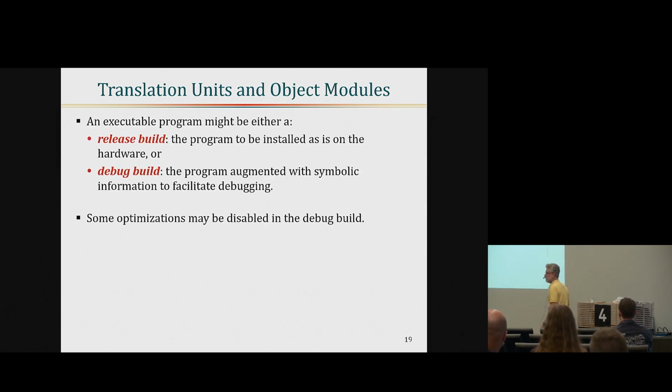Most compilers have the option of producing executables which are release builds or debug builds. I'm going to focus most of my attention on the release ones. The debug builds are essentially release builds with a whole bunch of extra stuff thrown in for debugging purposes.